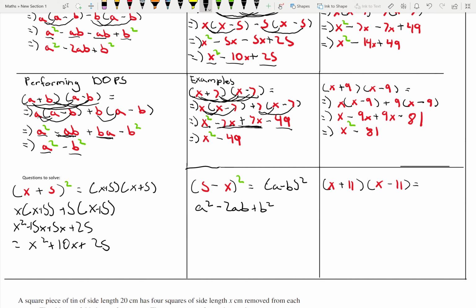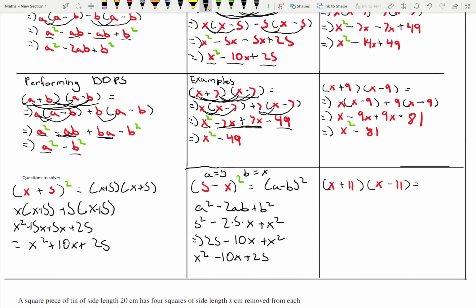Now, a equals 5 and b equals x. So if we substitute it, it would just be 5 squared minus 2 multiplied by 5 multiplied by x plus x squared. And that just equals 25 minus 10x plus x squared, which we can obviously rearrange to x squared minus 10x plus 25, but it really does not matter.